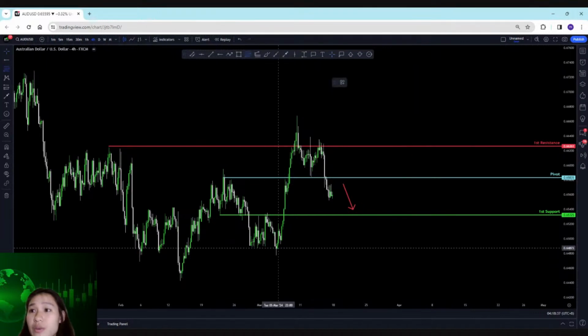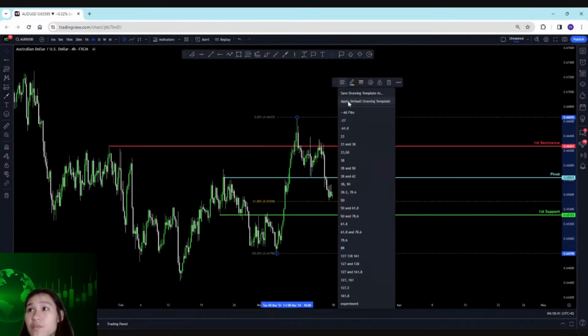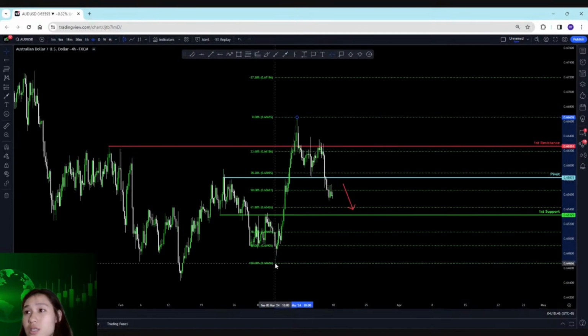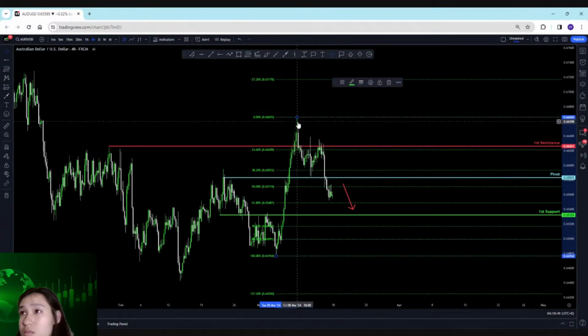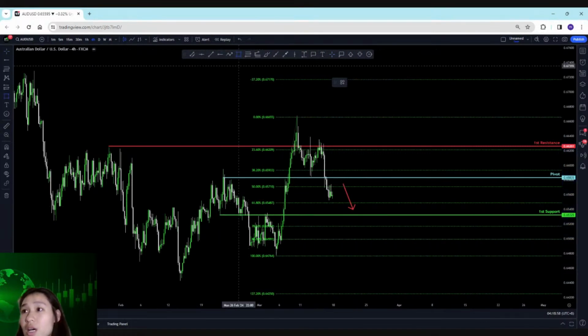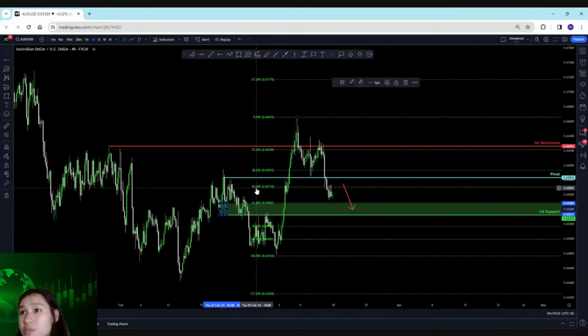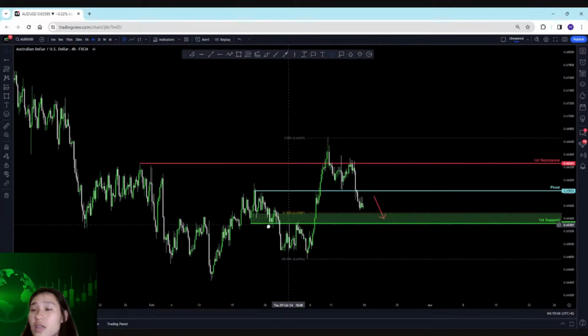Now going in with Fibonacci levels again, starting off with our retracement. You can see here our 61.8 lines up with our first support. So let's just keep that.